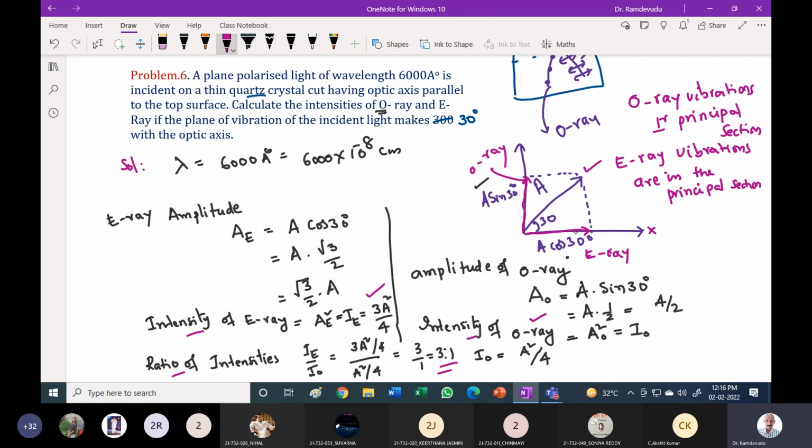The horizontal component becomes E ray, and the vertical component becomes O ray. Hence A cos theta is the E ray, and the length of the vector along the y-axis is O ray, whose value is A sin 30 degrees. These are the x and y components, and I am using the amplitude of E ray and the amplitude of O ray. Did you follow?